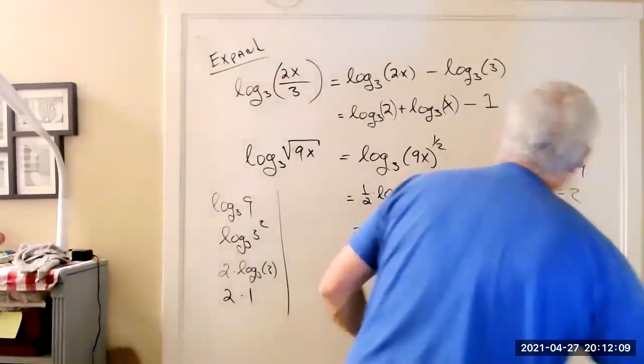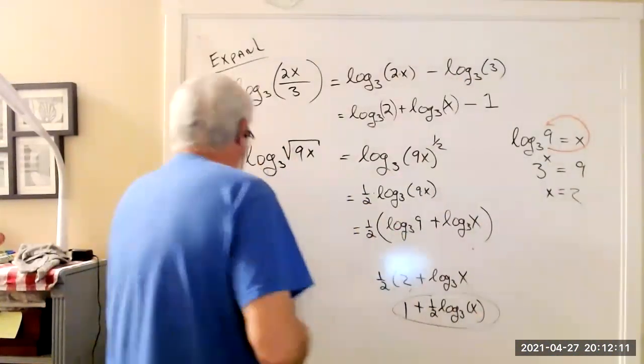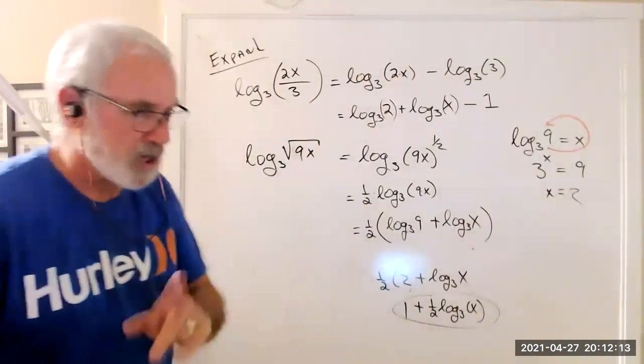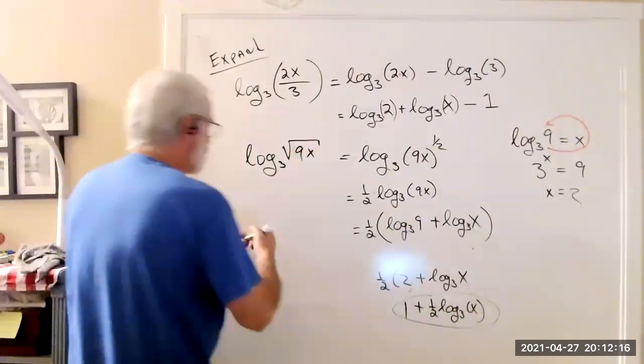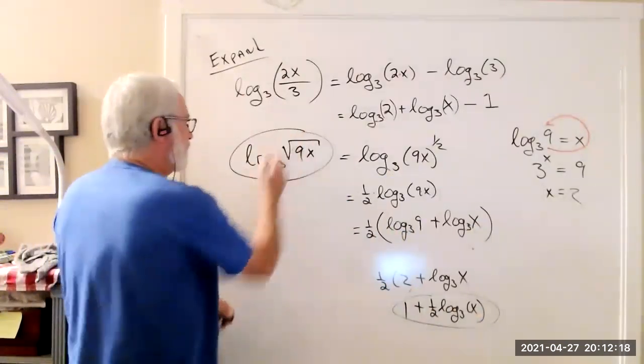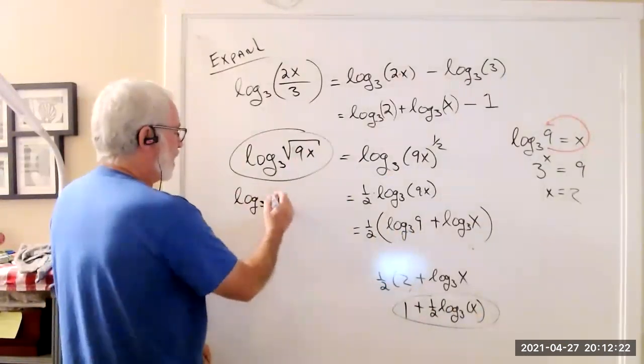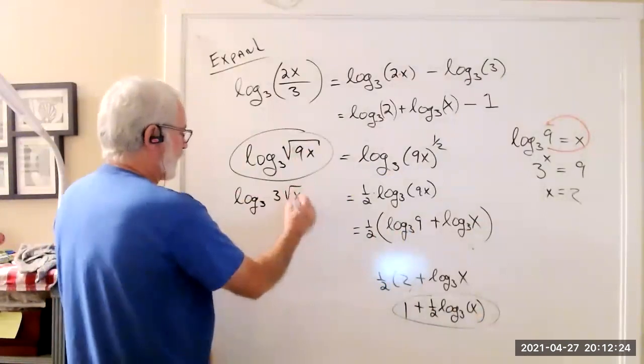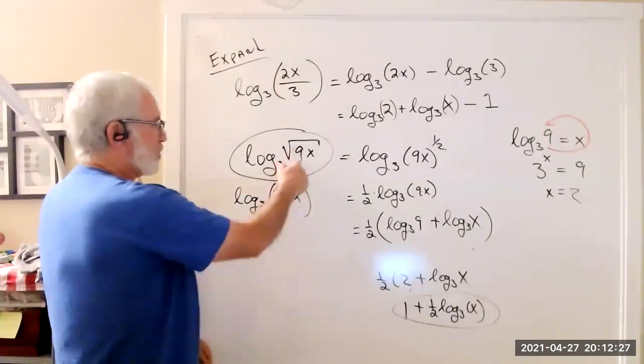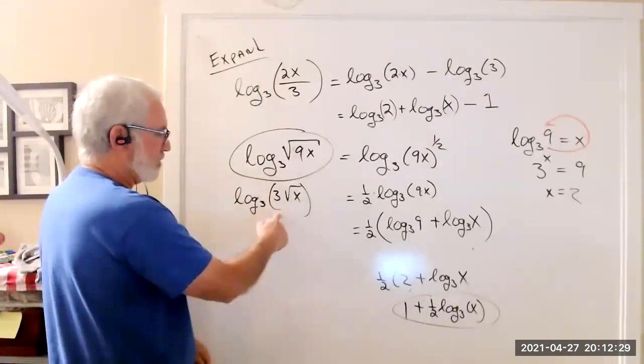Okay. Let me show everybody what I think you're saying. Stop me. What you're saying is, looking at this problem, this is the log base 3 of 3 times the square root of x. Because the square root of 9 is 3, it can come out.